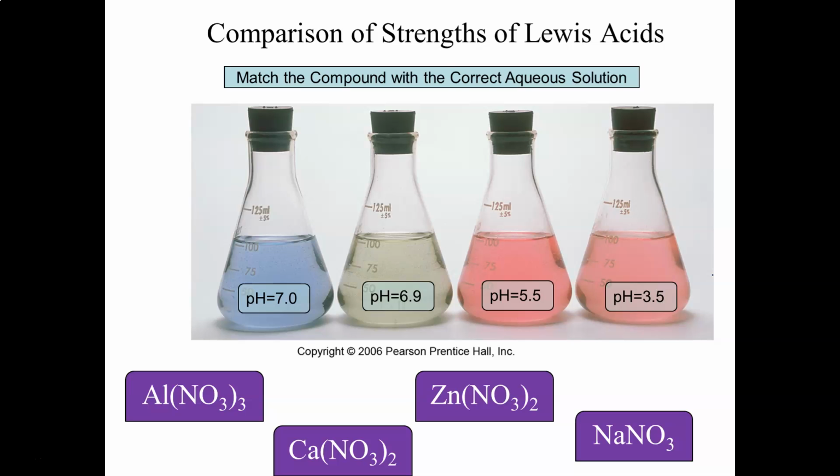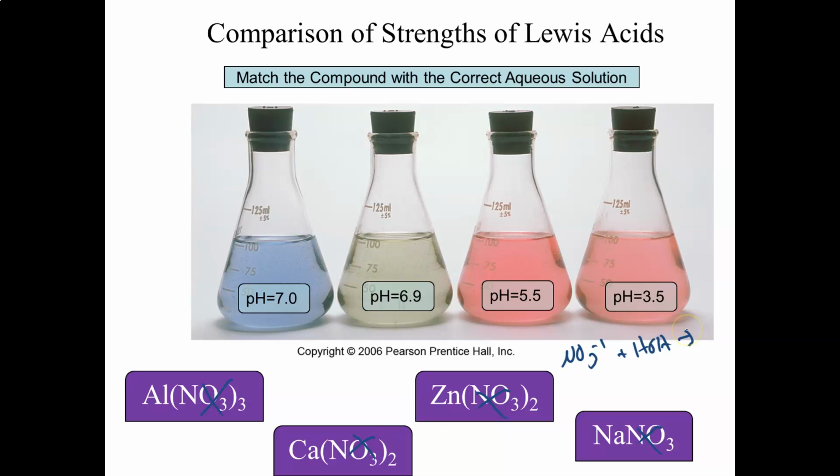All right. So the pH of 7, you want to look at what we end up with here. Aluminum nitrate, calcium nitrate, zinc nitrate, sodium nitrate, all of them have nitrate. So automatically, the nitrate isn't really going to make a difference here in any of these. If you weren't sure, we did this like 4 times now. Nitrate plus water.